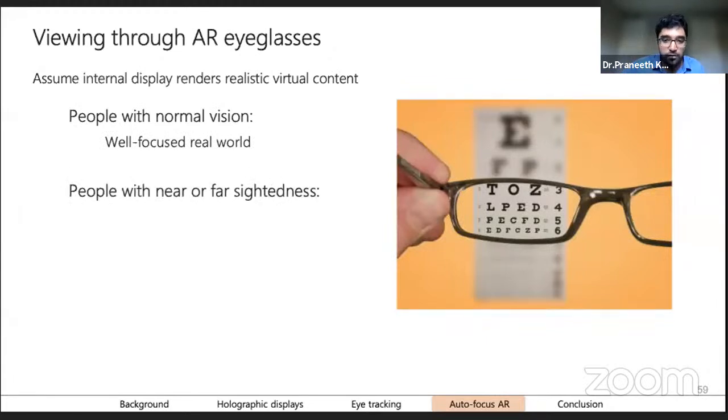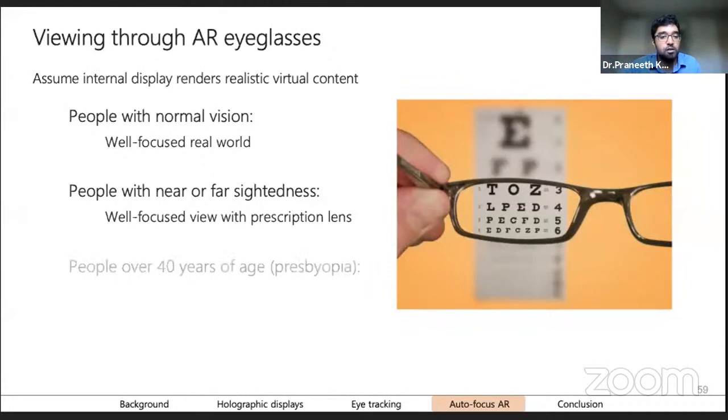And people with near or far-sightedness, they'll have some difficulty in viewing the imagery, but will have a well-focused view of both real and virtual objects if they wear a prescription lens. Like I am a nearsighted person, so I wear prescription lens to be able to look at far distances. And for me, if I'm going to wear AR glasses as well, I can have AR glasses with corresponding or appropriate prescription lenses, and that should be okay.